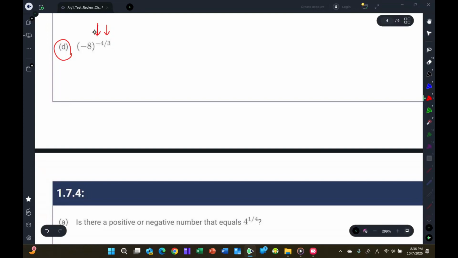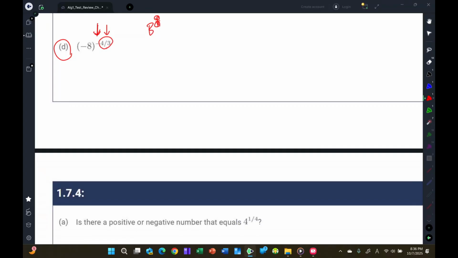Remember, negative exponent has something to do with reciprocating the base, changing the numerator and denominator, right? And fractional exponent has something to do with root. The numerator of the fractional exponent, powers, and denominator, root. Remember, B, P, R, top powers and bottom roots when you have a fractional exponent.